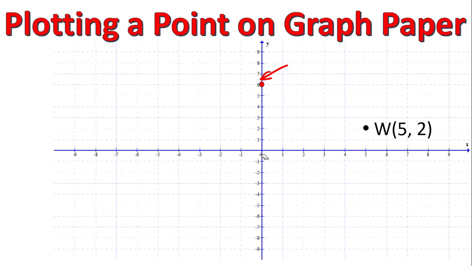Value of x will be 0. Okay. And how much up you are going? 1, 2, 3, 4, 5, 6. So you are going 6 units up, means 6 will be positive. So what will be the coordinate of that red point? It will be 0, 6. So again 0 is the value on x-axis and 6 is the value on y-axis.